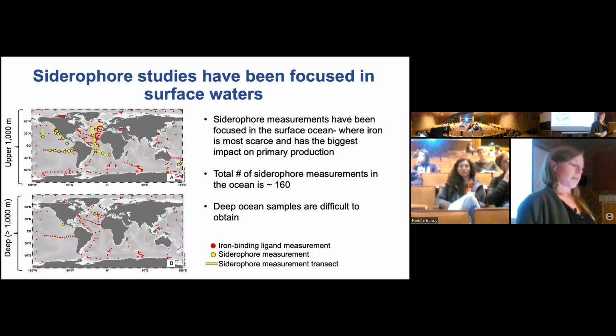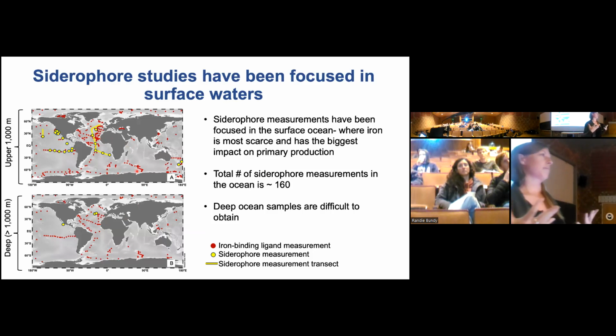Most of the measurements have been focused in the upper ocean because that's where chemical oceanographers suspected they might be the most common. That's where there's the most bacteria. That's where the iron is the lowest in seawater. That's where the most action is. So that's why a lot of the work has focused there. It's also just difficult to collect these samples.